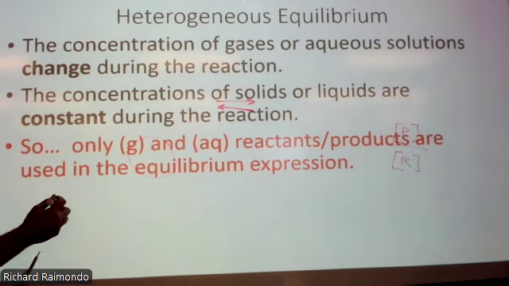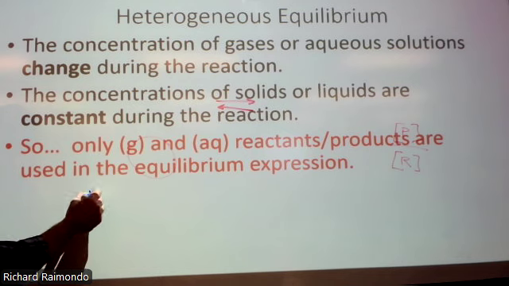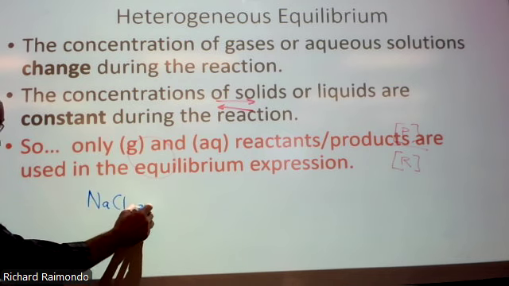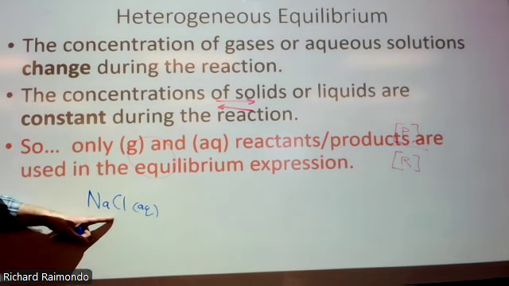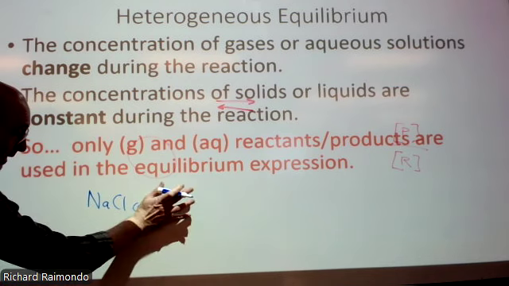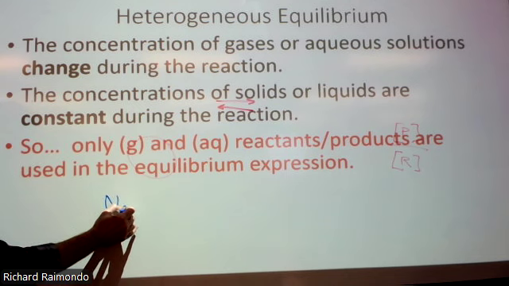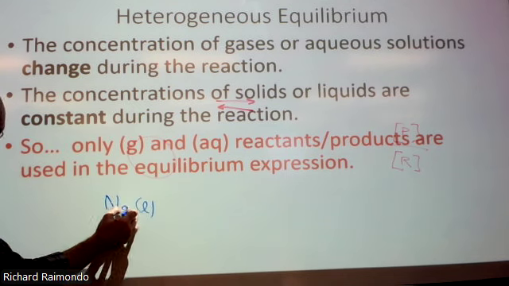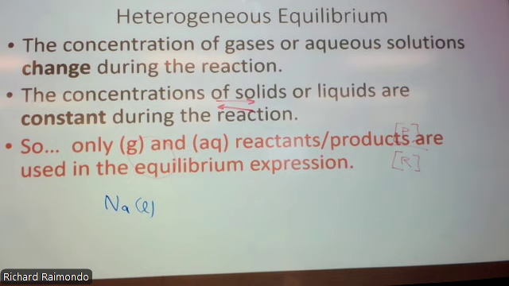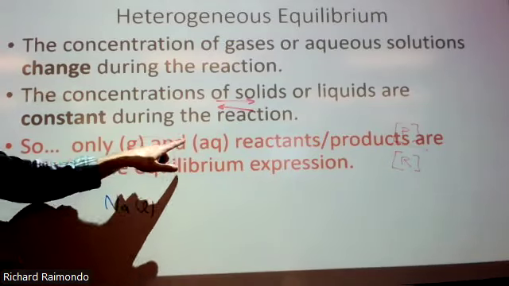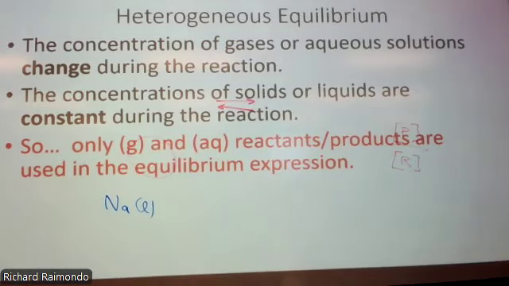If I have a sodium chloride solution, I can make that more concentrated or less concentrated. What I can't do is take sodium, melt it and turn it into a liquid. There is such a thing as liquid sodium, but that doesn't have a concentration. That is just a straight up 100% sodium liquid. So we can't have a concentration for that. We're really going to be working with gases and aqueous solutions.